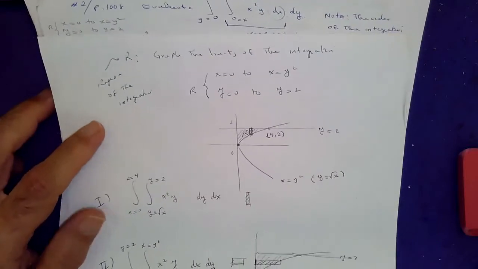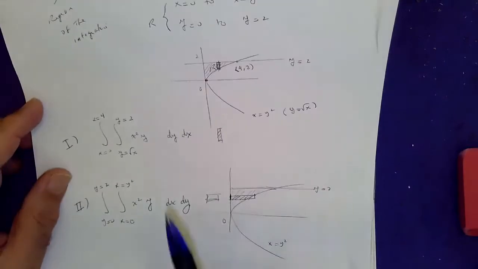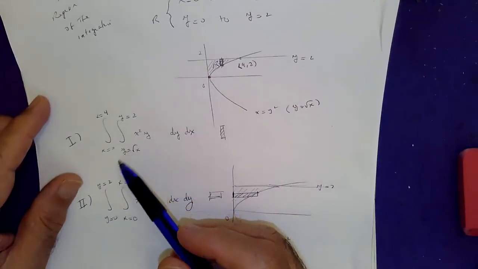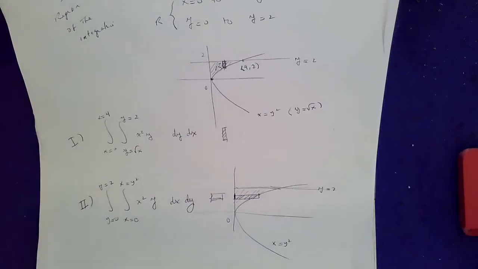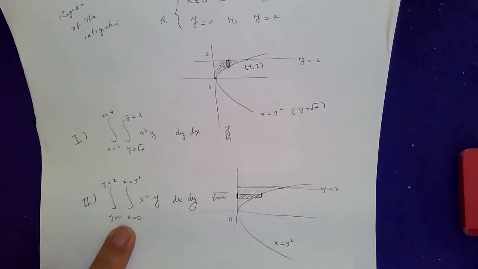So did you notice there are two ways to set up this double integral of x squared y? If I go dy dx, these would be the limits. If I go dx dy, this is how the limits go.